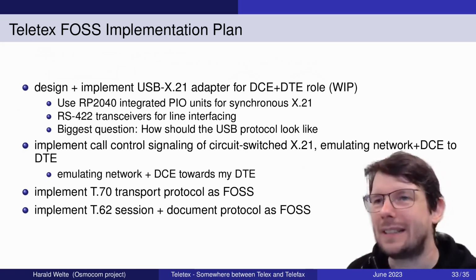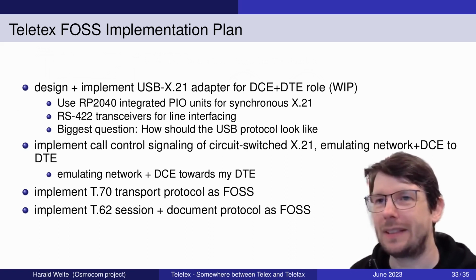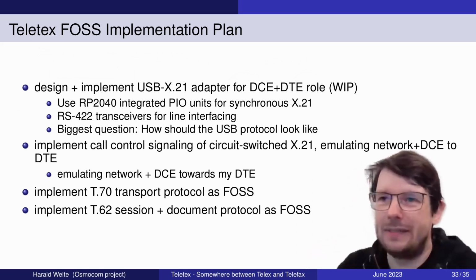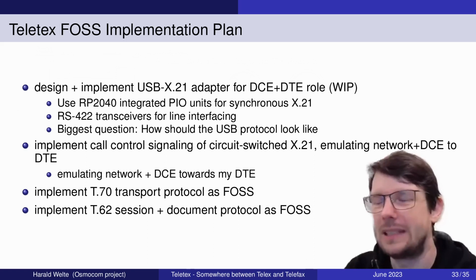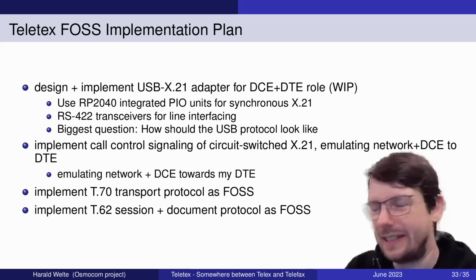And once that exists, I can actually establish the bearer for the higher layer protocols, and I can start to talk T70 to the Teletex device, and later then the T62 protocol.